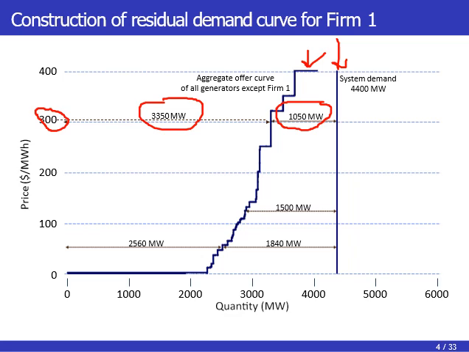Another example: at $50 per megawatt hour, all firms except firm 1 are willing to supply 2,560 megawatts. The leftover, or the residual, at $50 per megawatt hour is 1,840 megawatts. So we can use these values on the right-hand side, the differences, the residuals, to construct a residual demand curve.